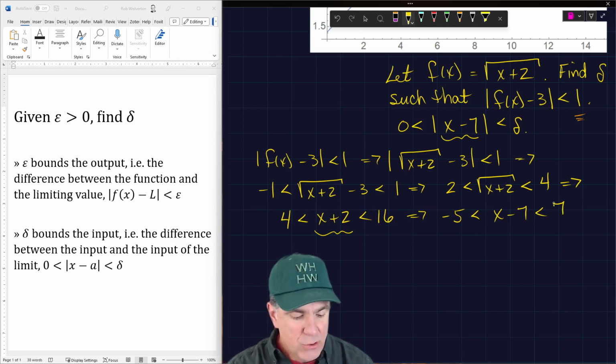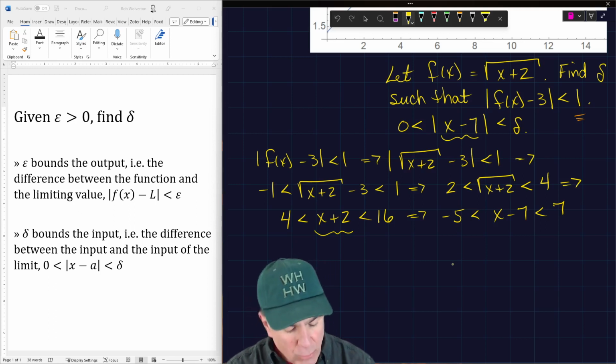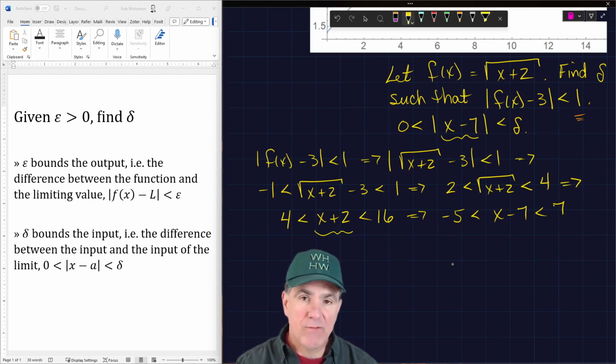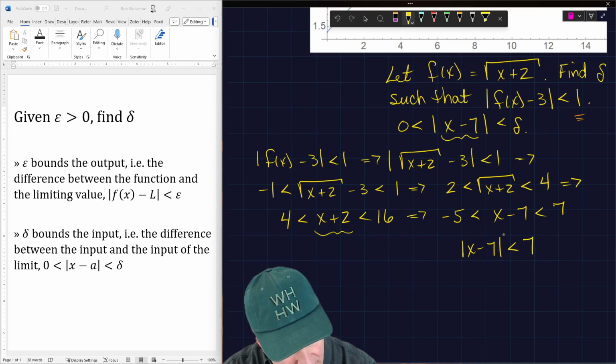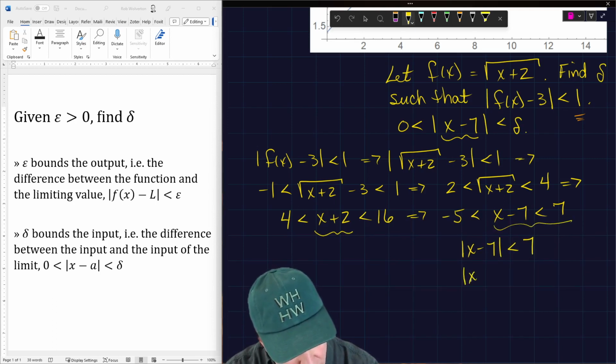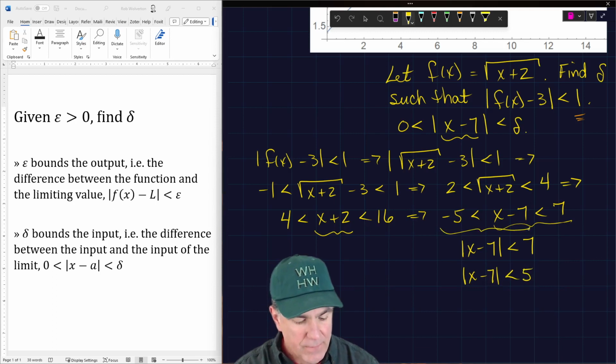And now I really do have two separate pieces here, right? I have my absolute value of x minus 7 is less than 7. That's if I look at this side over here. Or my absolute value of x minus 7 is less than 5 if I look at this side over here.